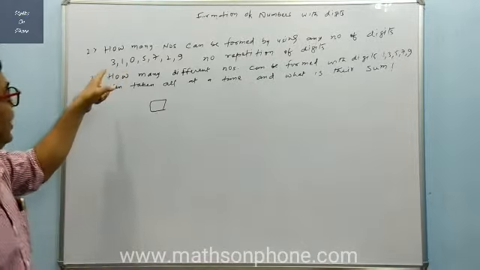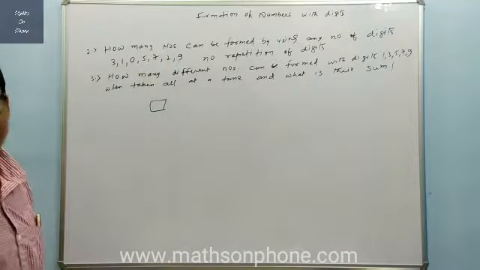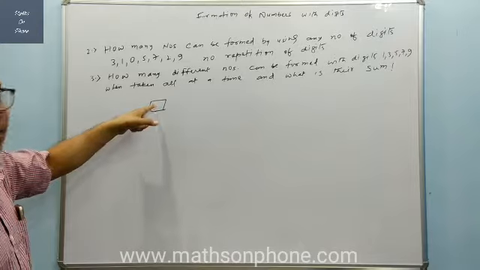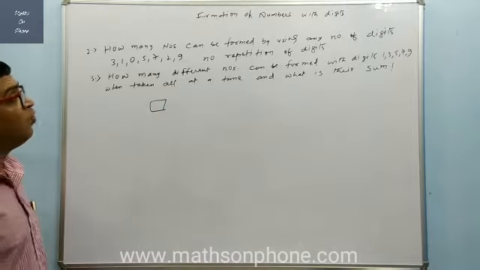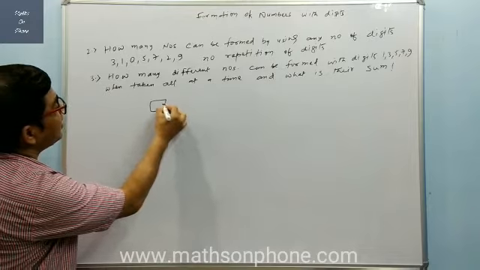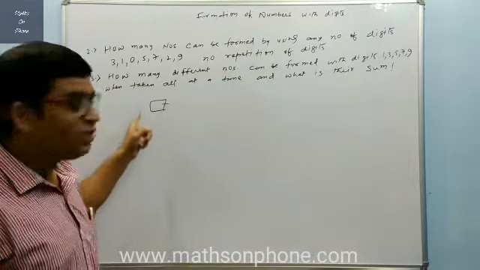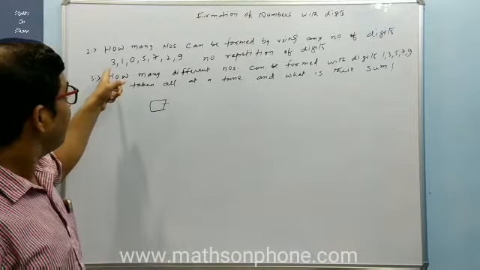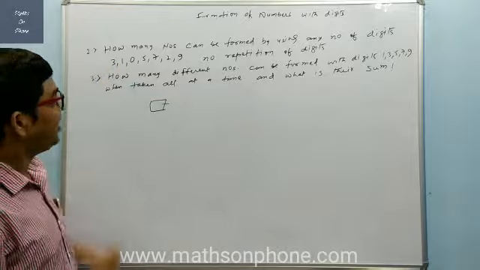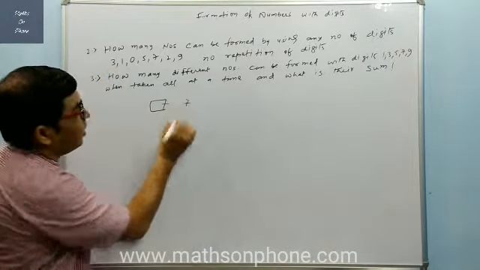How many digits are there? 1, 2, 3, 4, 5, 6, 7 digits. But 0 cannot be filled at this place because 0 won't be a number. So 7 such numbers are possible.